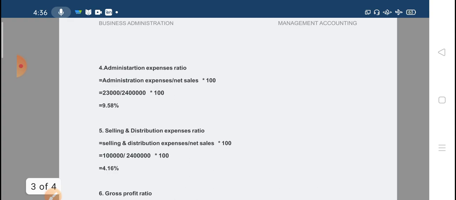Now administration expenses ratio: administration expenses divided by net sales into 100. Administration expenses is 2,30,000, net sales 24 lakh into 100, 9.58%.